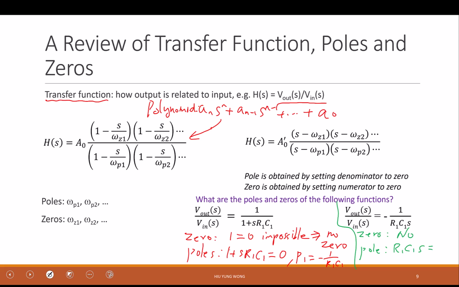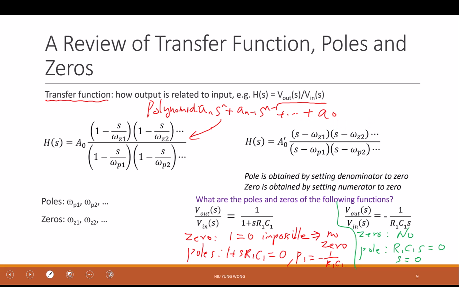It's very tempting to just jump to a conclusion. Now, when you set it, you see that s equals 0. So it has a pole at 0 frequency, okay? Not zero, right? It's confusing, right? So zero is just a name saying that those frequencies make the numerator equal to 0, or they're the root of the numerator.